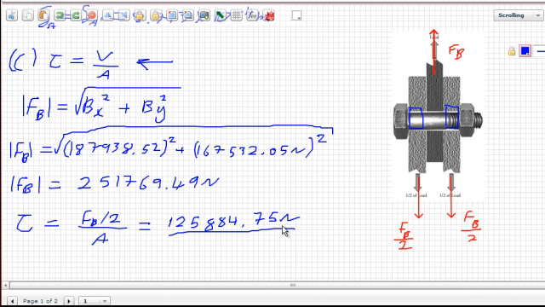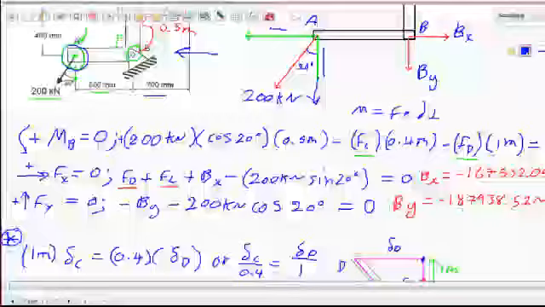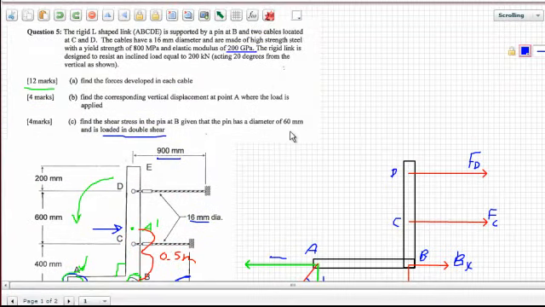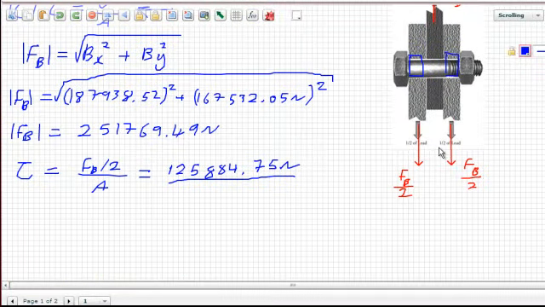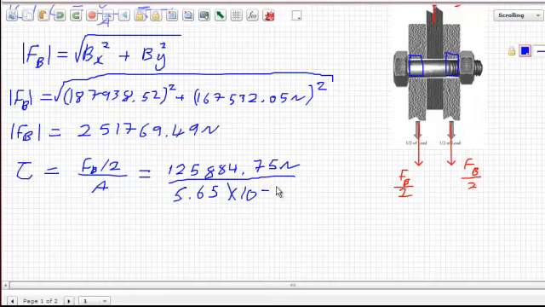And since they told us in the question before what the diameter of the pin is, I believe they said it was 60 millimeters. Yeah, it's right here. They said it was 60 millimeters, so we're going to use the diameter to figure out the cross-sectional area of our pin over here. So what I got was 5.65 times 10 to the power of negative 3 meters squared.